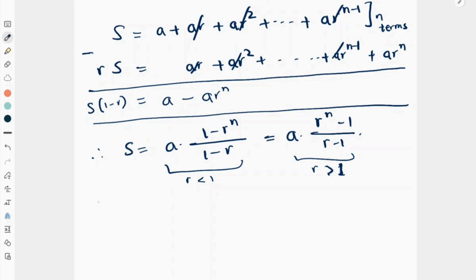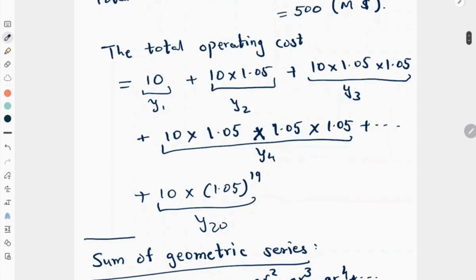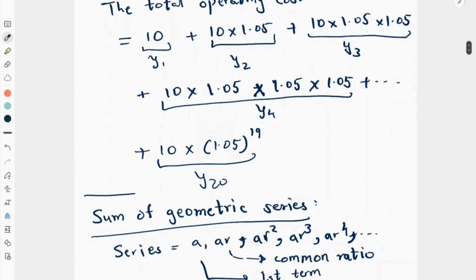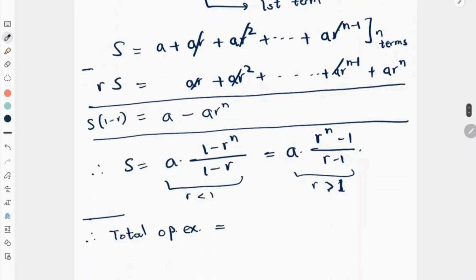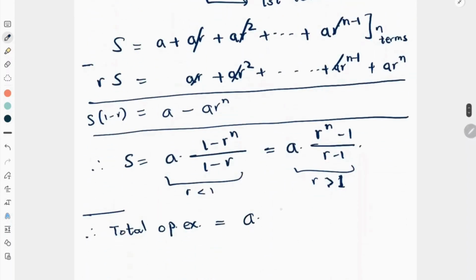So now, coming back to the original problem, total operating expense is going to be our a, the first term here. We have 10 plus 10 times 1.05 plus 1.05 square and so on. So this equation 2 is almost a geometric series in the desired form: a times r to the power n minus 1 divided by r minus 1.